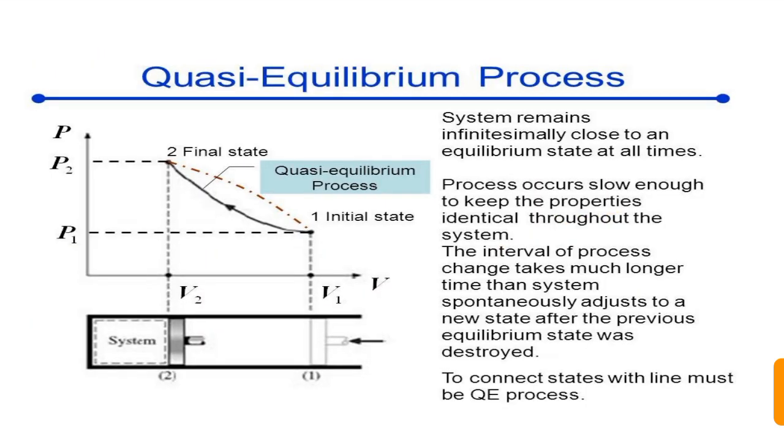Here you can see the diagram, pressure versus volume. Here they are making a quasi-equilibrium process from the initial state to the final state. This is the simplest example of a piston cylinder.